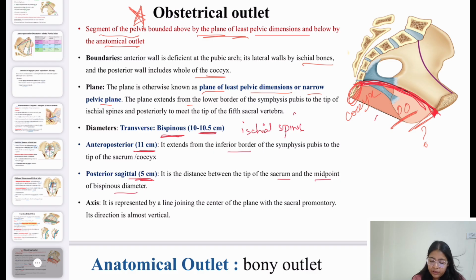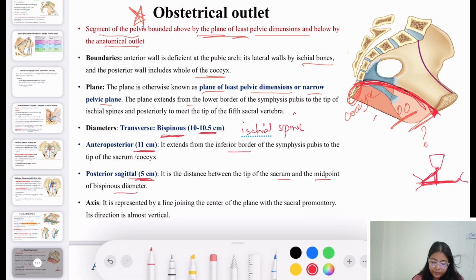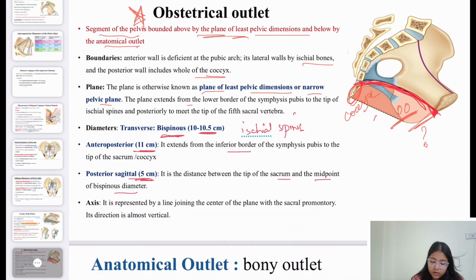Again, if this is the ischial spine, this is the bispinous diameter, and this is the sacrum. So from the tip of the sacrum to the midpoint of the bispinous diameter, that is the posterior sagittal diameter, which is 5 centimeters.